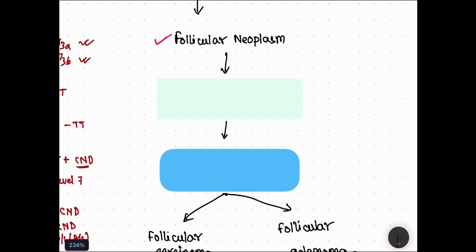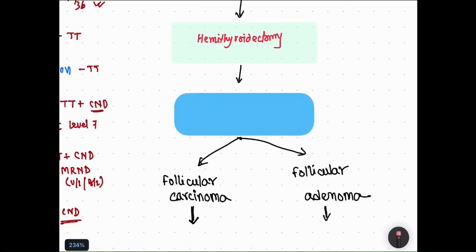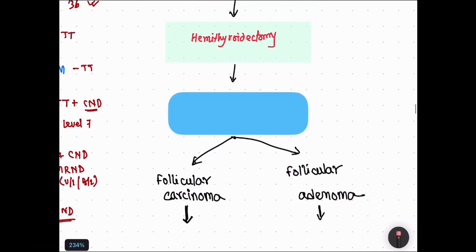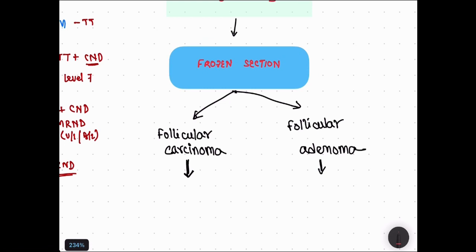Whenever follicular neoplasm is there, you have to perform hemithyroidectomy. Now, whatever thyroid you have removed during operation, you have to send that specimen to the pathologist intraoperatively for frozen section. The pathologist will tell you within 30 minutes whether there is follicular carcinoma or adenoma.